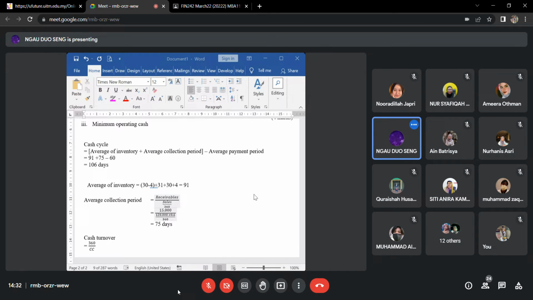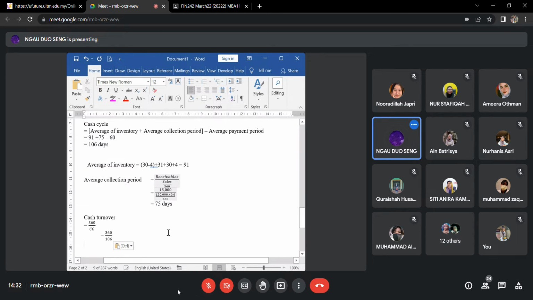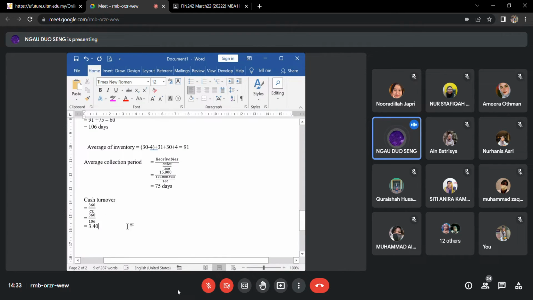So you just divide. Is it 3.39 or 3.4? After rounding 3.4. To 2 decimal points, we put 3.40.